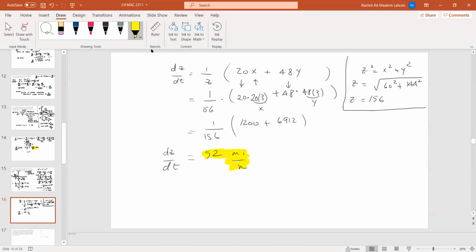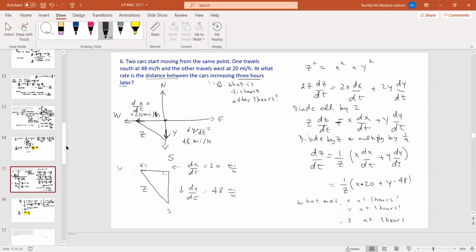So as a summary again, for this question, this is a traditional problem. They're heading west and south. That means the angle between the two is 90 degrees.